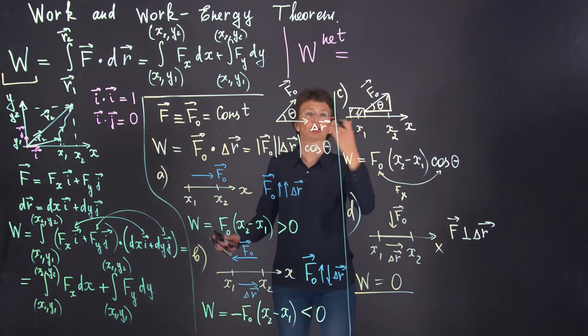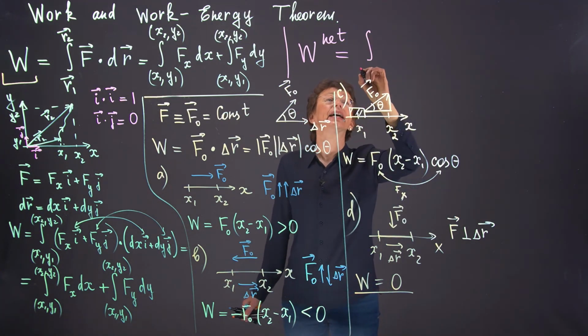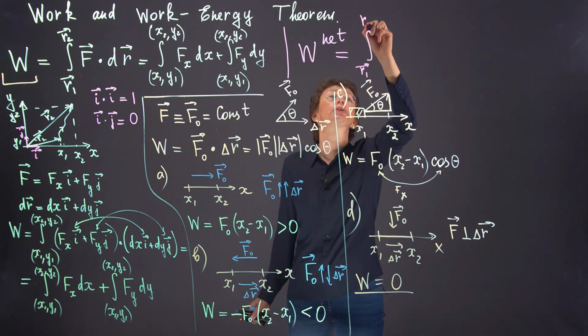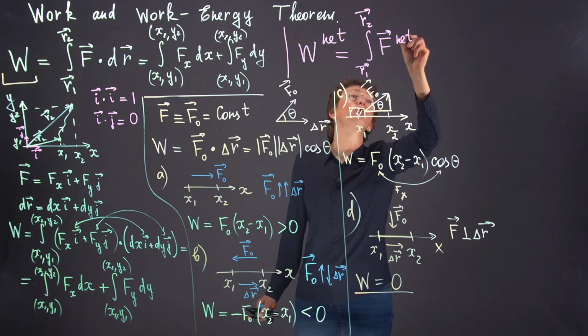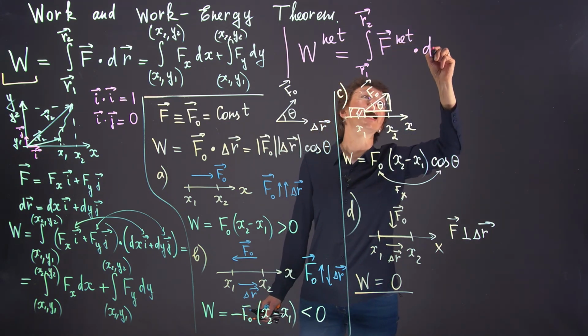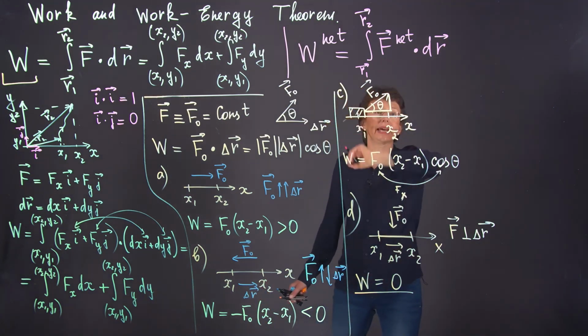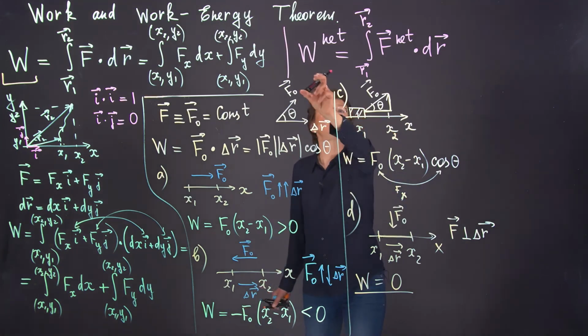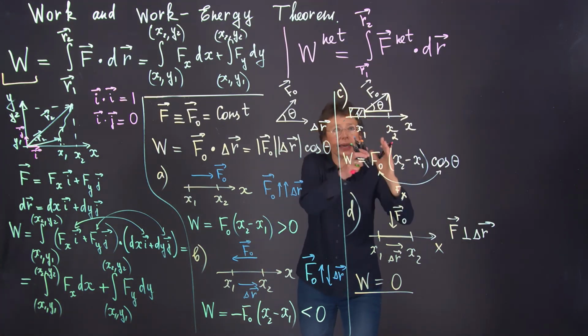It is vector sum of all forces acting on the object. Then I rewrite the definition from R1 to R2. F net or total dot dr. You can calculate net force and calculate work done by the net force. Or you can calculate work done by each force acting on the object and then add them together.